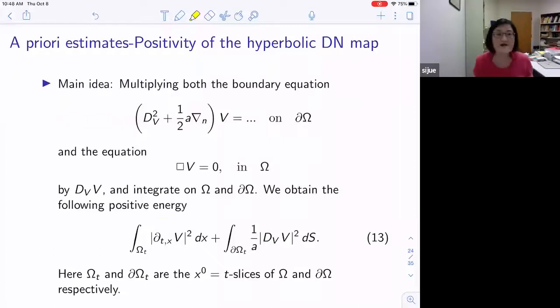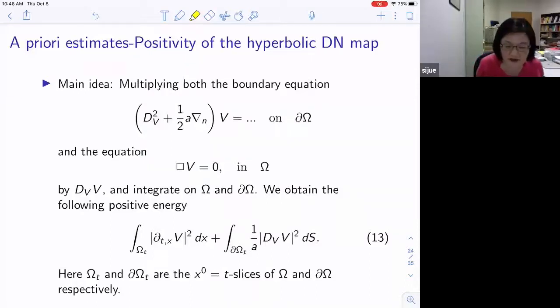Okay, so what is the main idea of proving the positivity? To treat a nonlinear equation, one of the key ideas is finding the right multiplier to get your estimate.